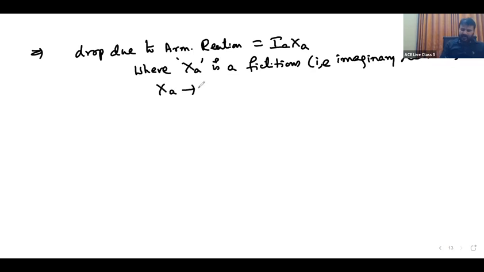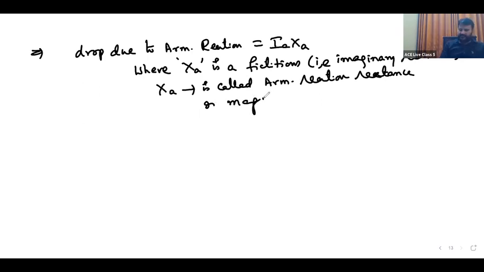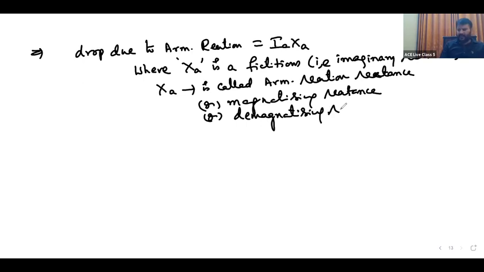That XA is called the armature reaction reactance, or it is also called the magnetizing reactance, or also the demagnetizing reactance.